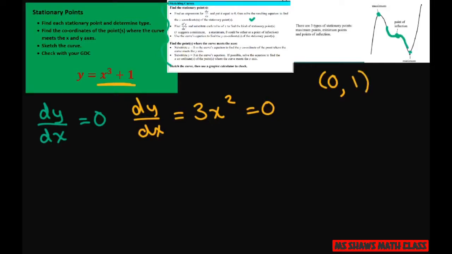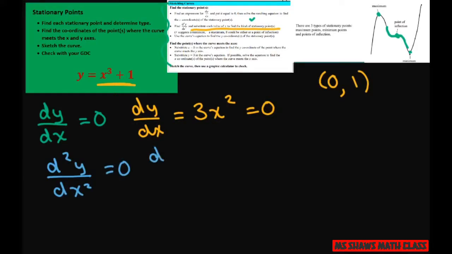Now we have to determine if this point is a max, minimum, or point of inflection. And to do that, we're going to take the second derivative and substitute each value to find the kind of stationary point. So take the second derivative of y and set that to 0.